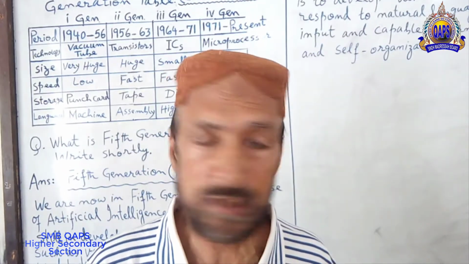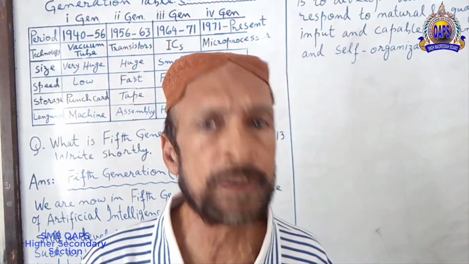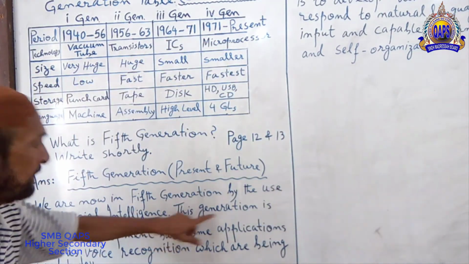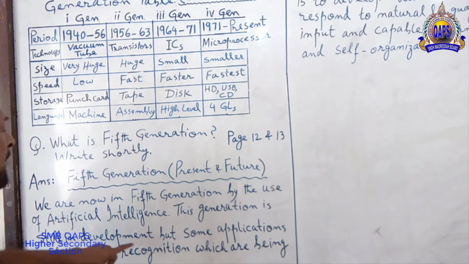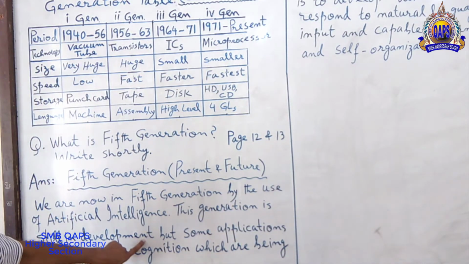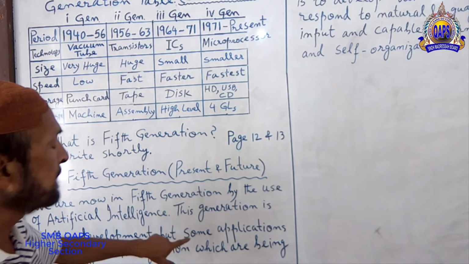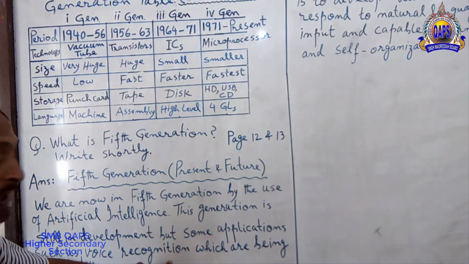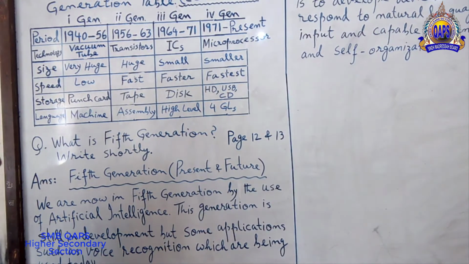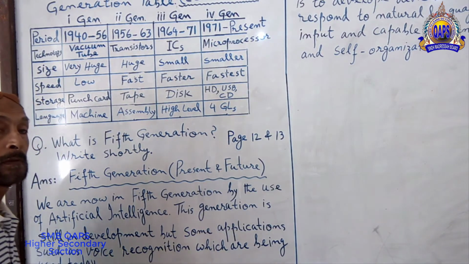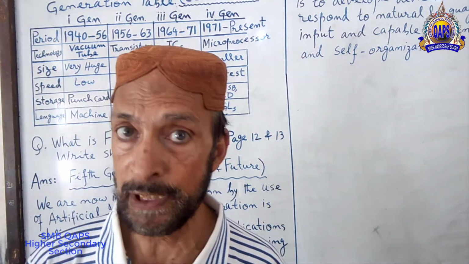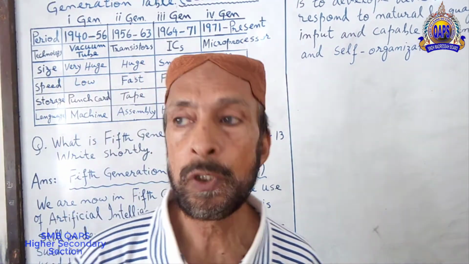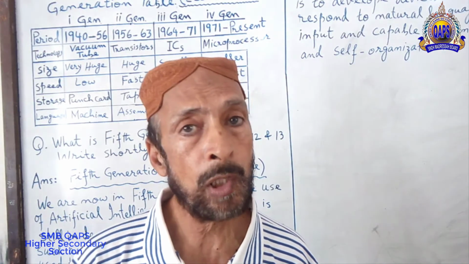It's the name of a technology. This generation is still in development, but some applications such as voice recognition are being used today. What is voice recognition? I will let you know about that, and I will give you a short note on voice recognition.